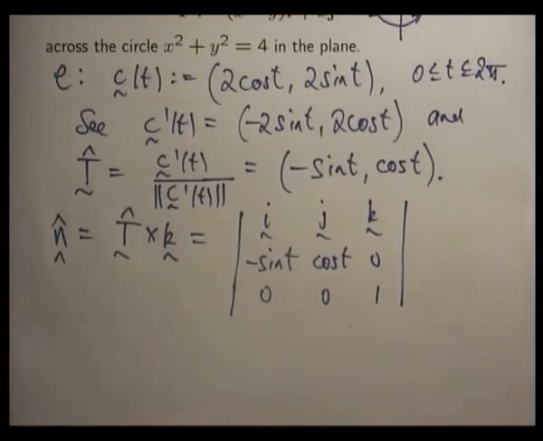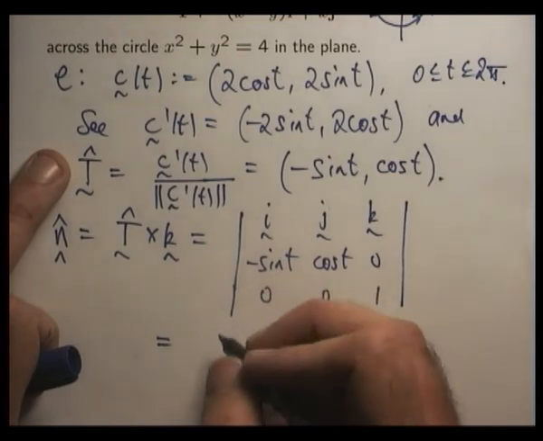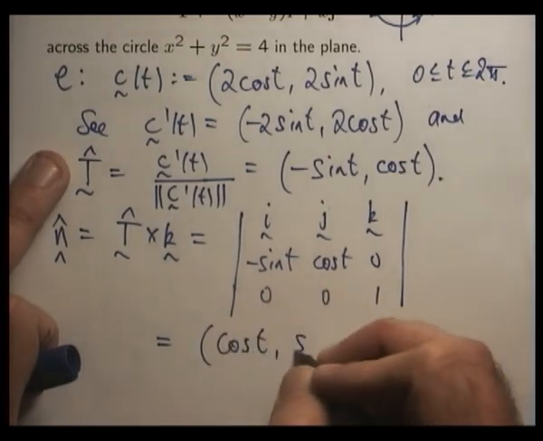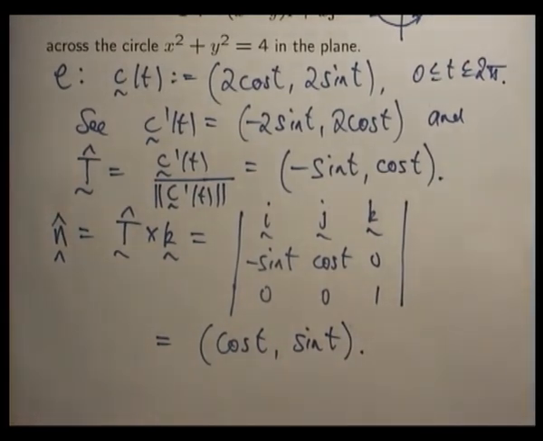If you expand that cross product, you will get down to the following. I'll let you expand that cross product, but you will get that. It's a unit vector that is normal to the curve and is outward pointing.